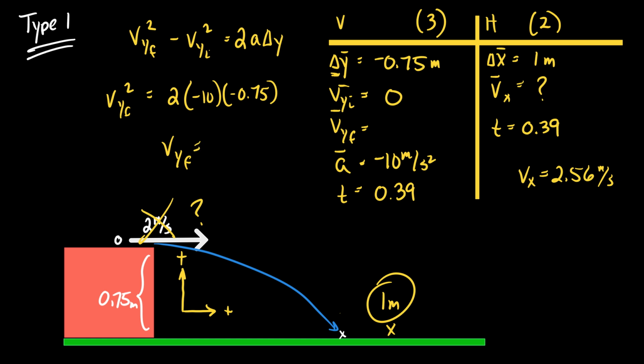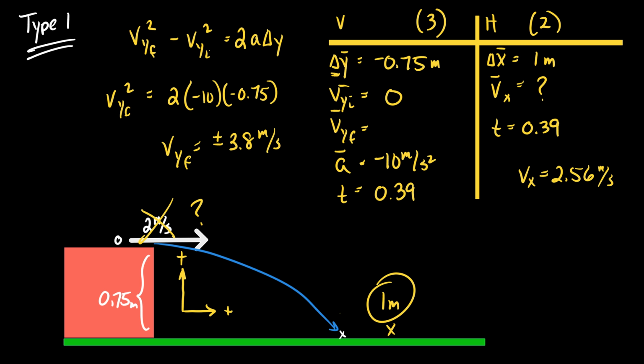What'd you get? 3.8. So it would have been plus or minus 3.8 meters per second, but which one do you choose? Minus, because it's downwards. Everybody good?